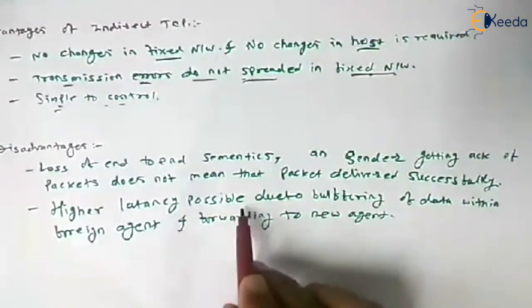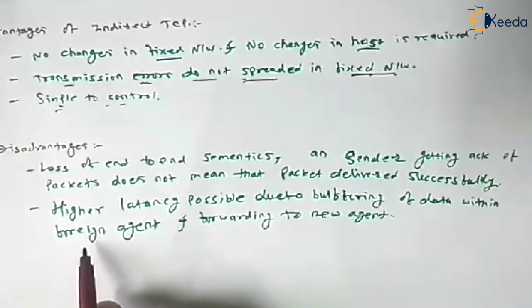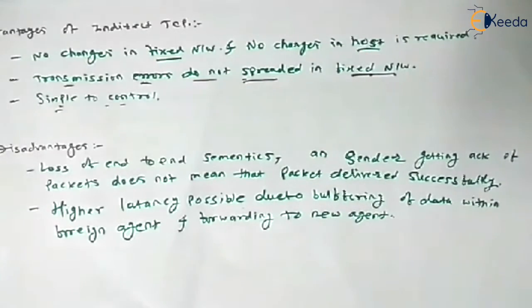Higher latency is possible due to buffering of the data within the foreign agent and forwarding to the new agent. If more than one foreign agent is there, each foreign agent will use its own buffer.